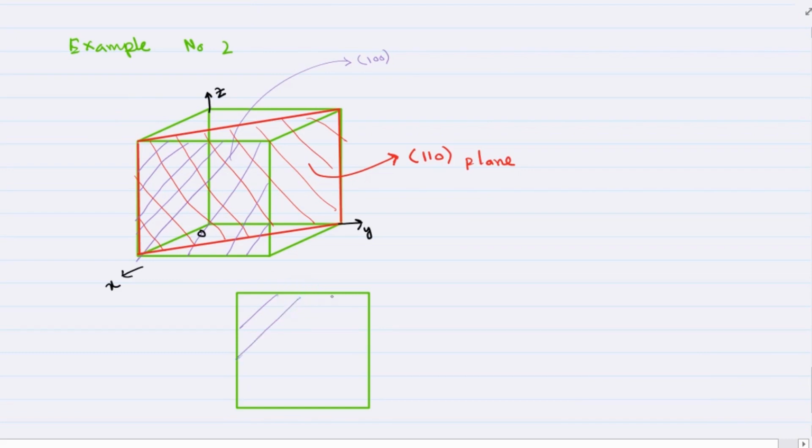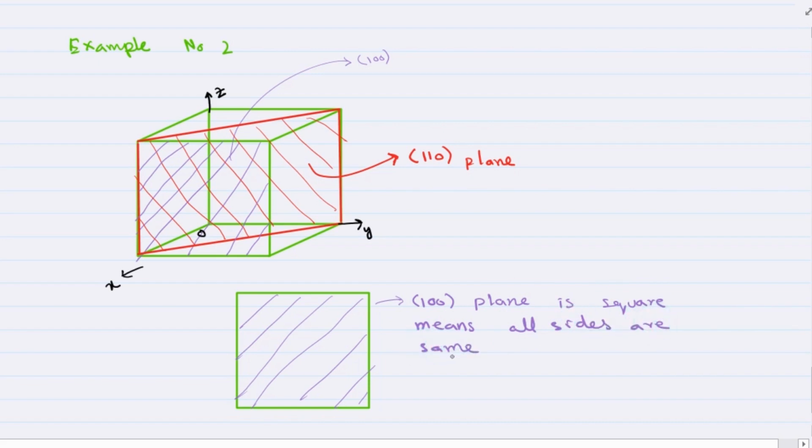Now we will take the 100 separately. So we know that this plane is the 100 plane and it is a square. The plane is a square, which means that all sides are the same.